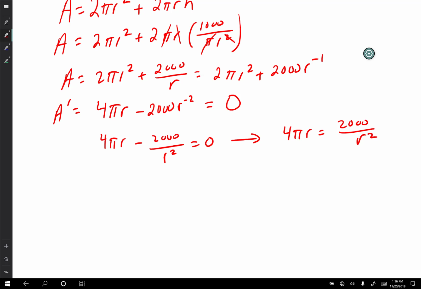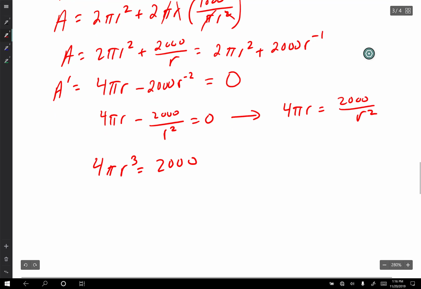The whole objective is to solve for r. So I'm going to multiply both sides by r squared. So I now have 4 pi r cubed equals 2,000. Hopefully I haven't made any errors. I'm going to divide by 4 pi, and I'm going to take the cube root. So r equals the cube root of 2,000 over 4 pi.